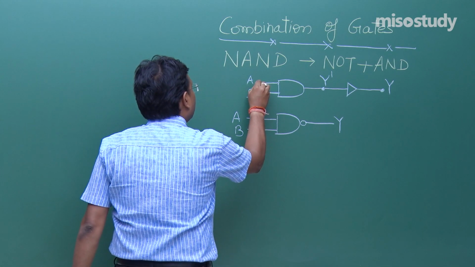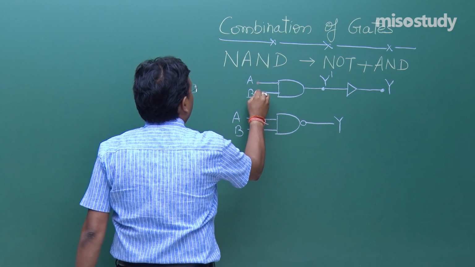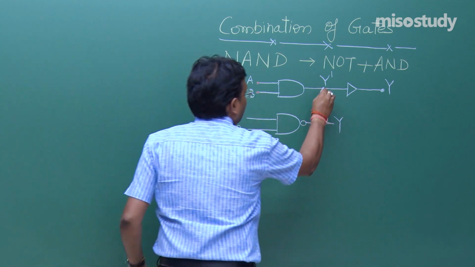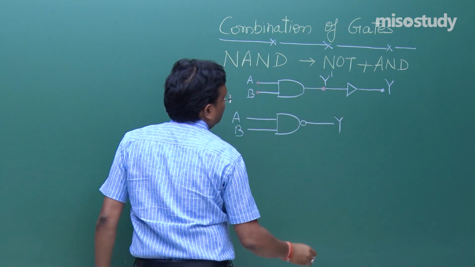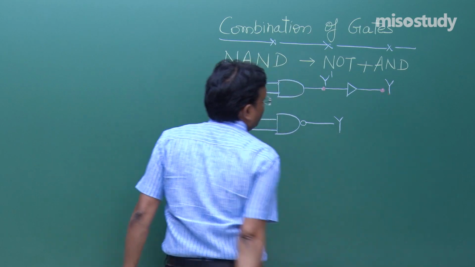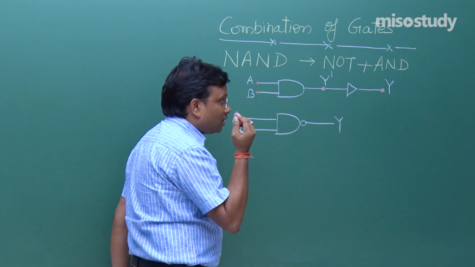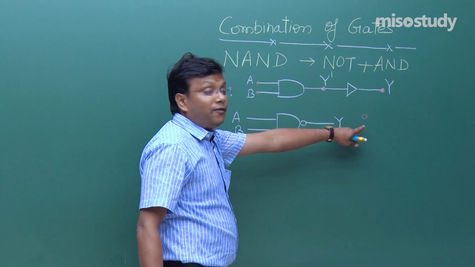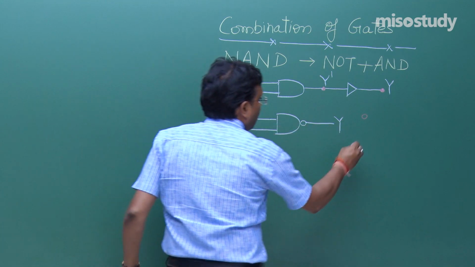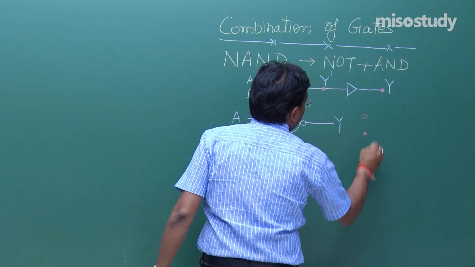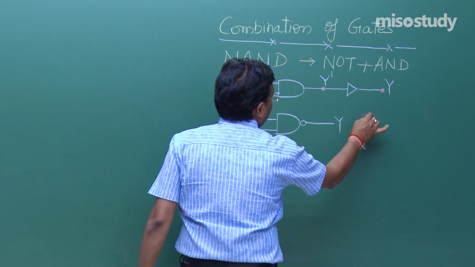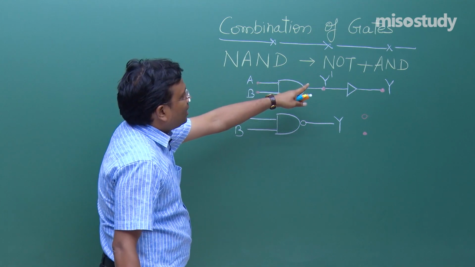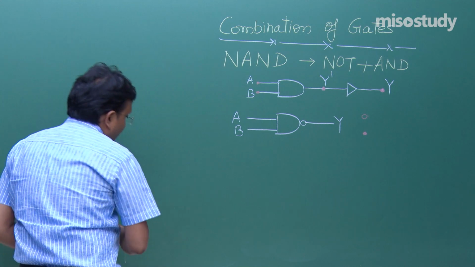If the dot is small and solid like this, it is an input or an output. But if the dot is a hollow circle like this, it is the symbol of negation, or the NOT gate. So solid means no logic, only an output or input, but this is logic, that is NOT. So this is also the way of representing the NAND gate, NOT plus AND.